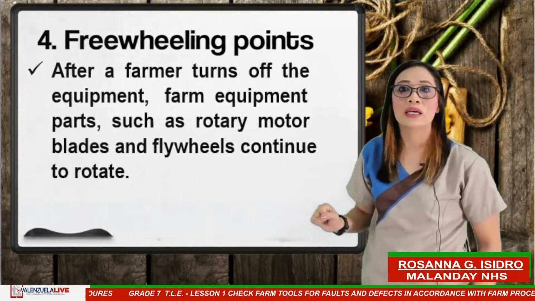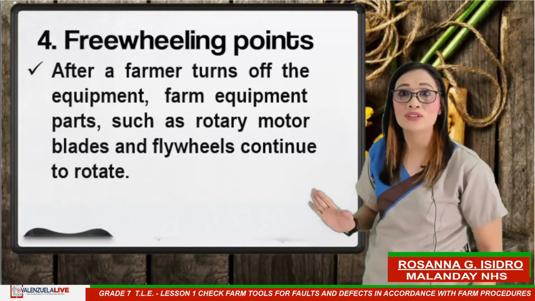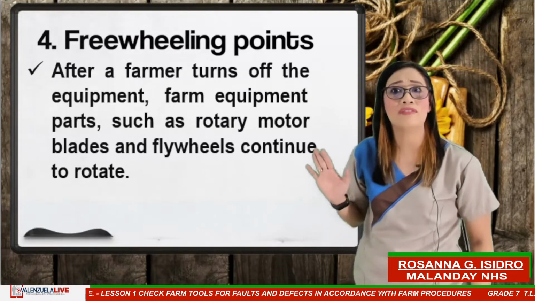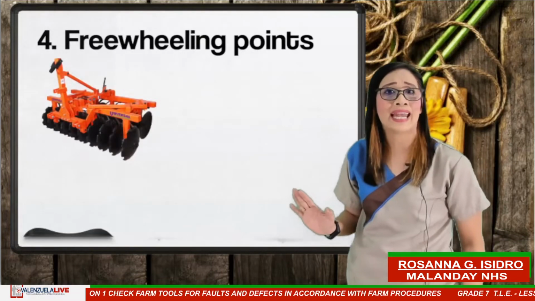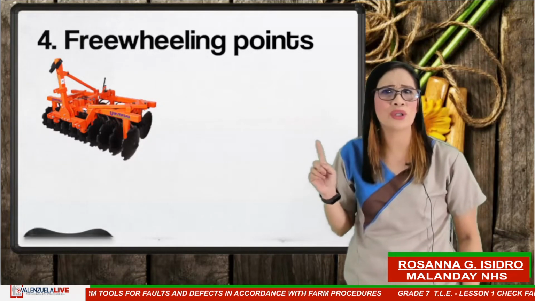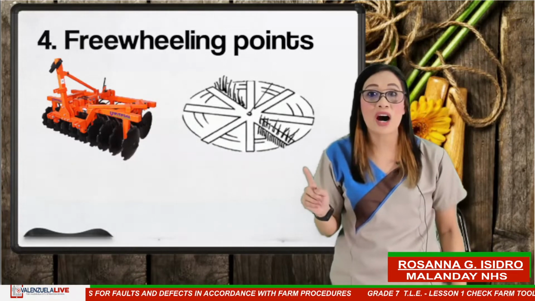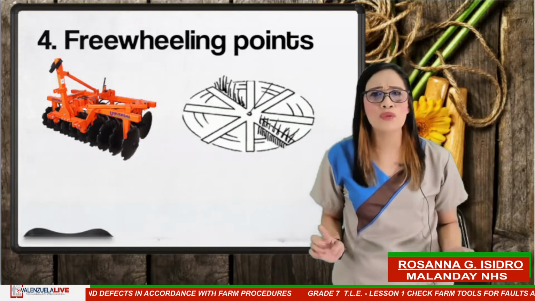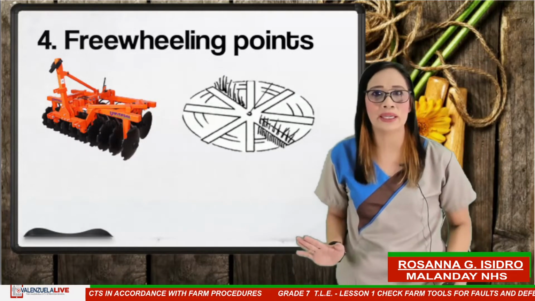Some farm equipment parts, such as rotary motor blades and flywheels, continue to rotate after being shut off. Never touch a freewheeling part while it is moving, even if it is moving very slowly.